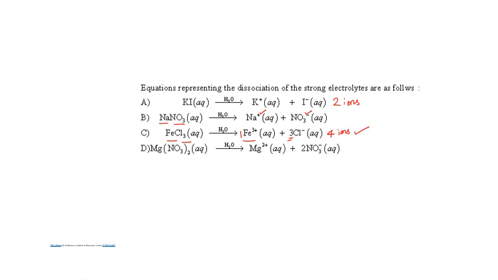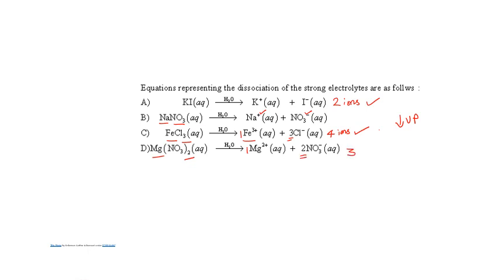So four ions will have more effect than two ions in lowering the vapor pressure. That's what it means. In this case, we have three ions: one magnesium ion and two nitrate ions.